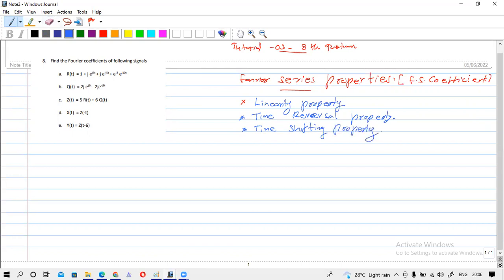I think this question will be mostly based on these 3 properties related with Fourier series coefficients.